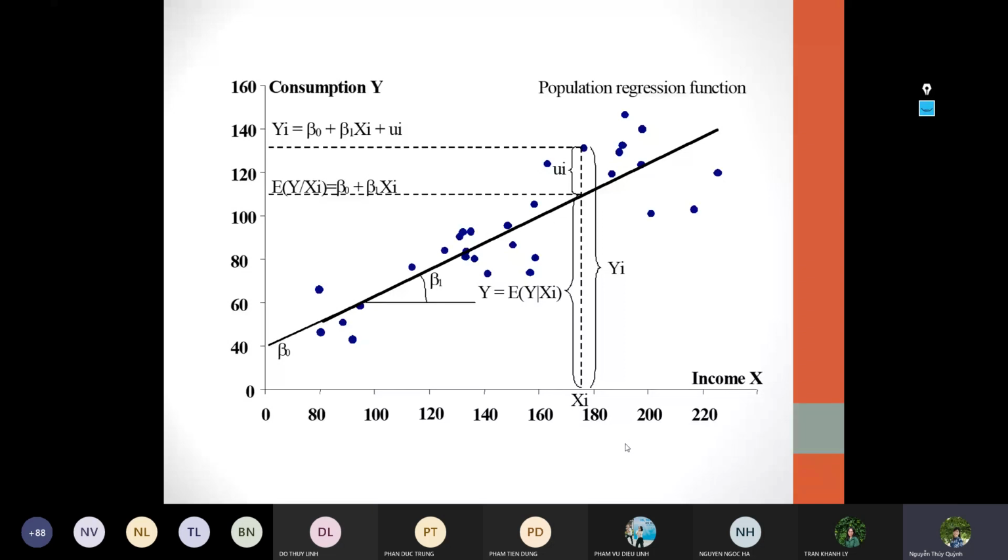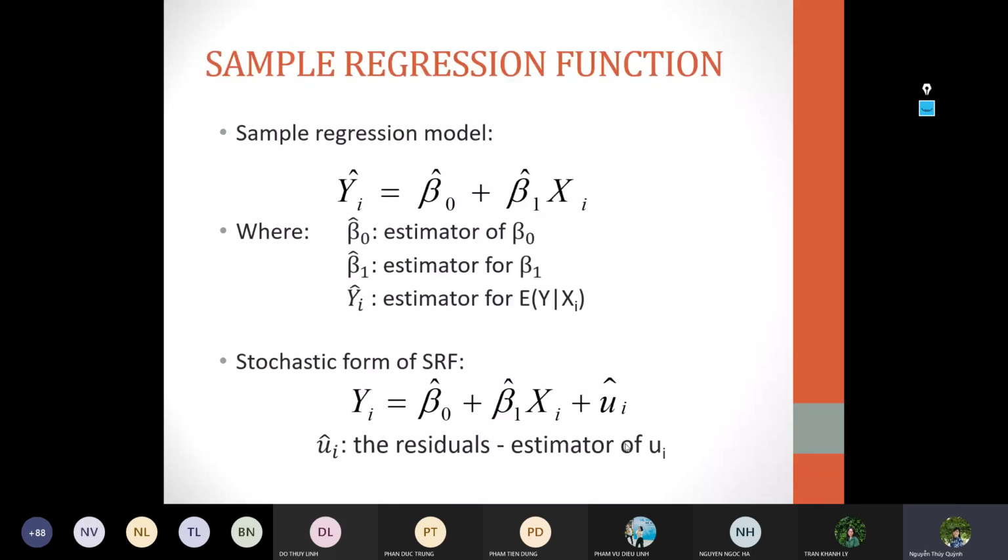But most of the time, you cannot obtain the data of the whole population. We can only take a random sample from the population, and in that case, you can only identify a sample regression function. So what is the sample regression function?